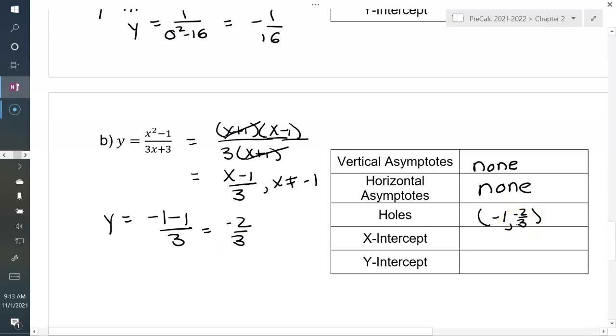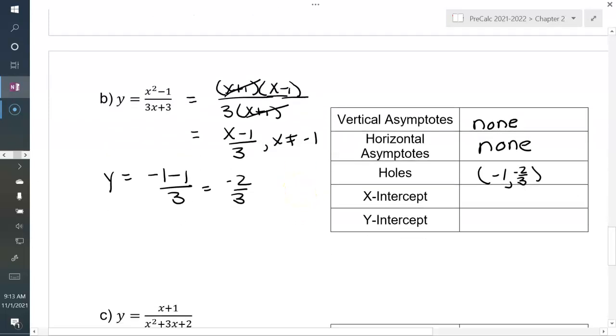X-intercept, so what you're going to do is set the numerator equal to 0. X squared minus 1 equals 0. Better yet, let's use our equivalent expression. We have just x minus 1. So for there, x equals 1. So I have an x-intercept at x is 1, y is 0.